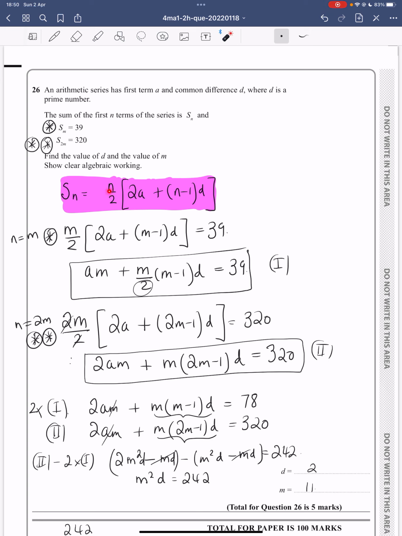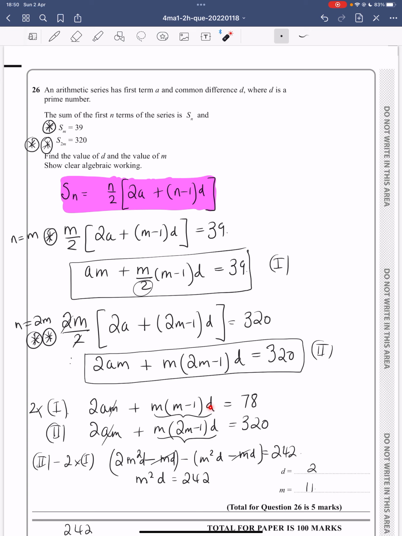So we get 2m over 2, 2a plus (2m minus 1)d is 320. They cancel on that other side, because that's in the formula. So we've got 2am plus m(2m minus 1)d is 320.